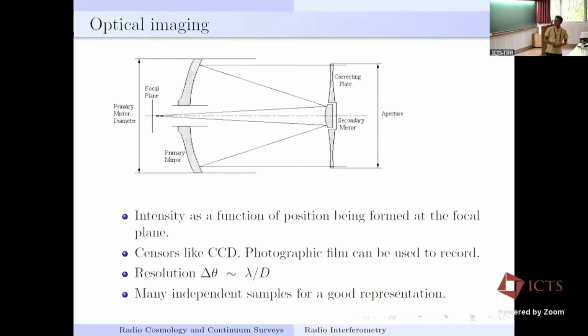If we go by lambda by d, forget about d, let's say some number, of the order of lambda, this resolution is about 1 micron and I have 1,000 pixels to place. So this will be 1,000 into 1 micron, 10 to the power minus 3, that's about a millimeter, right? So your whole chip will be about a millimeter, and within that you have to make pixels of 1 micron or so, right?